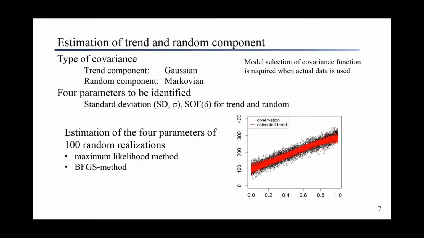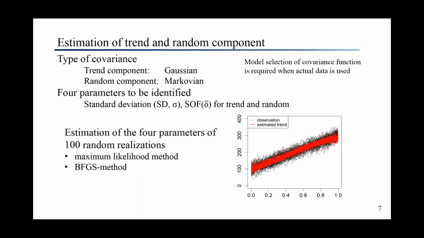Okay, as I said, there are 4 parameters. So far, I used true values for the random component. Let's estimate the parameters of the random component at the same time. So there are 4 parameters to be identified: standard deviation and scale of fluctuation for trend and random.